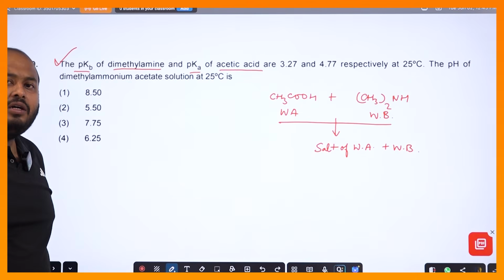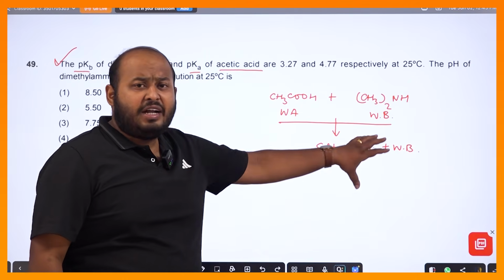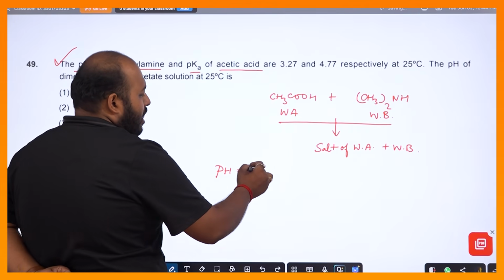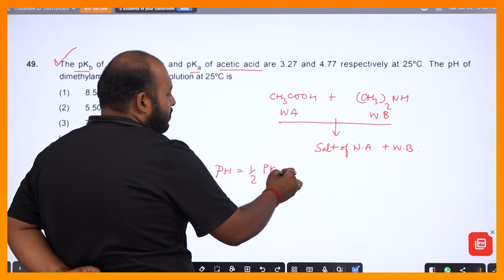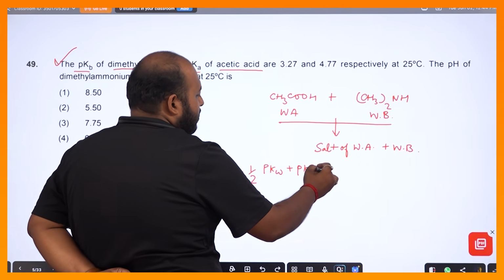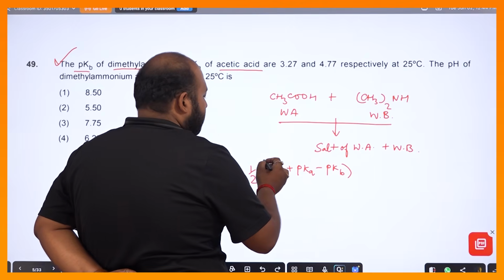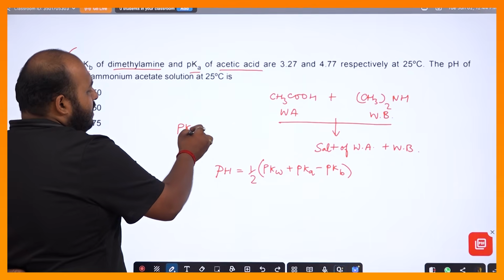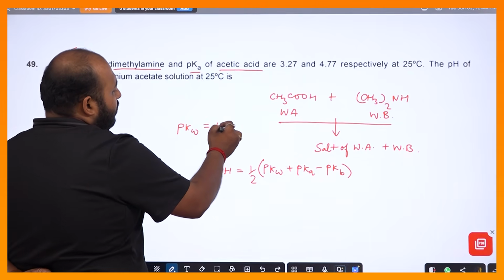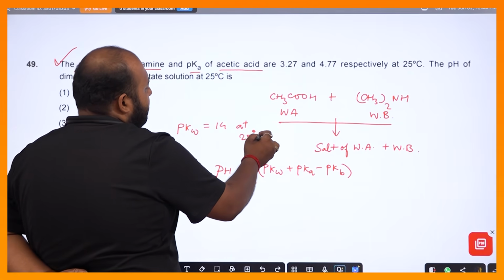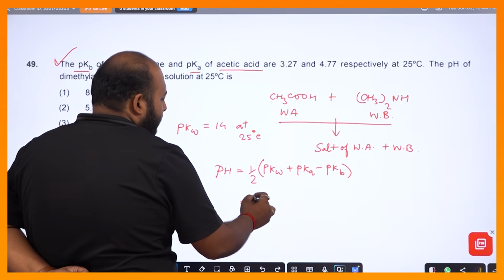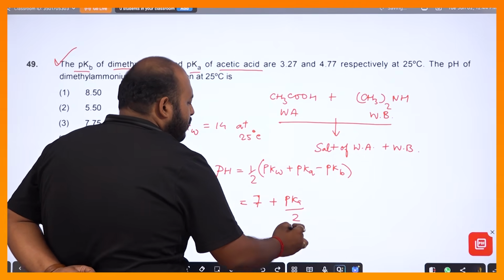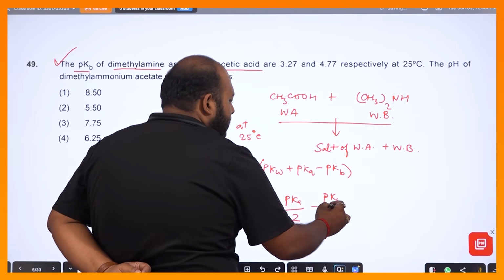So to find out the pH of this kind of salt solution, we have a formula that is equal to half into pKw plus pKa minus pKb. We know the value of pKw is equal to 14 at 25 degrees centigrade. So it will be 7 plus pKa by 2 minus pKb by 2.